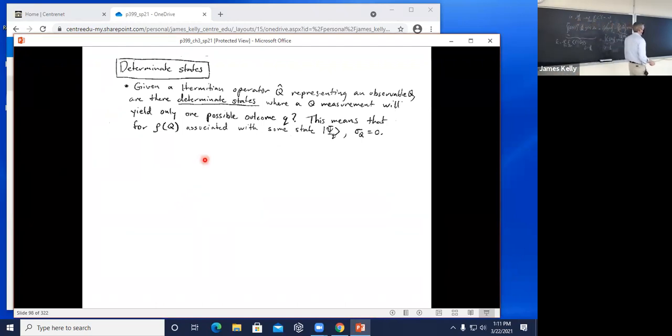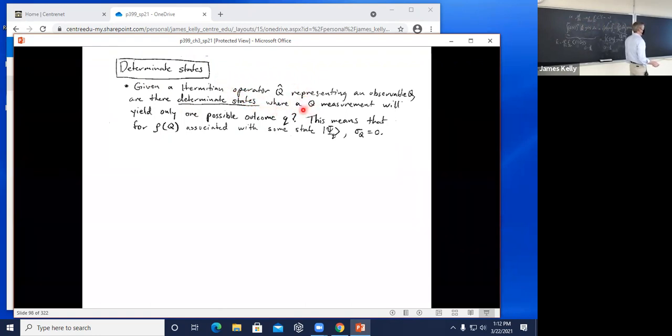Some more important stuff about Hermitian operators. Determinate states. If we have a Hermitian operator, are there any states where, if we measure... We're claiming that Hermitian operators correspond to measurable quantities or dynamical variables that we might measure.